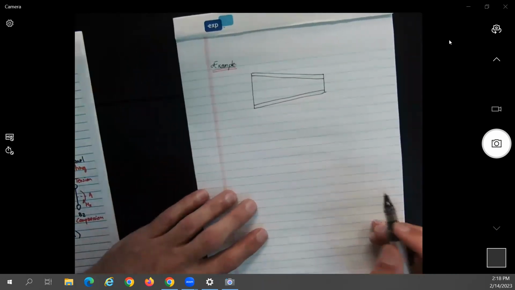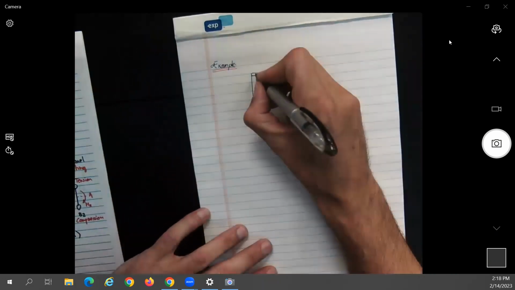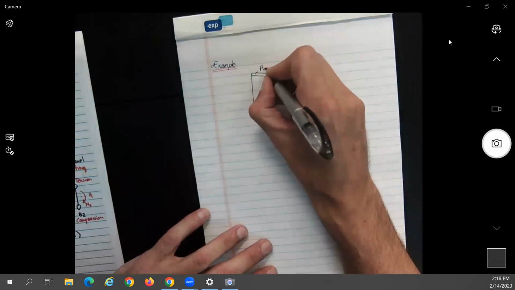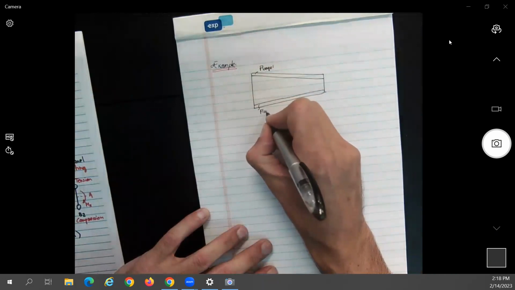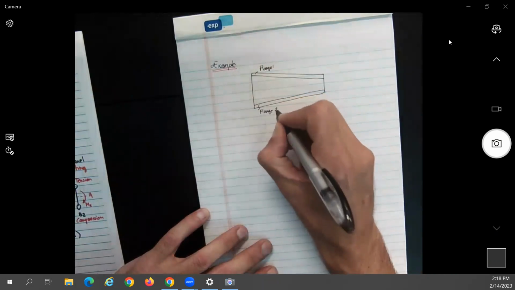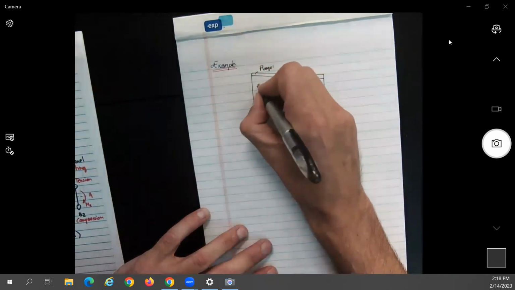I'm sure you can do better than me. So there are two flanges or two stiffeners, and this will be the panel here.